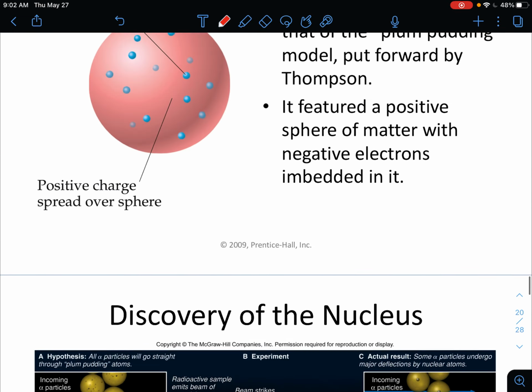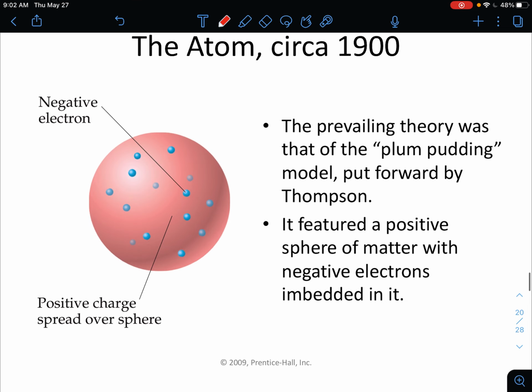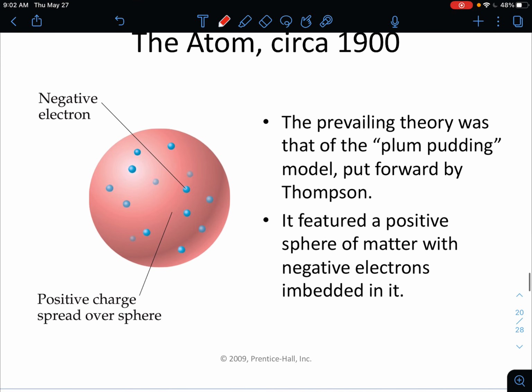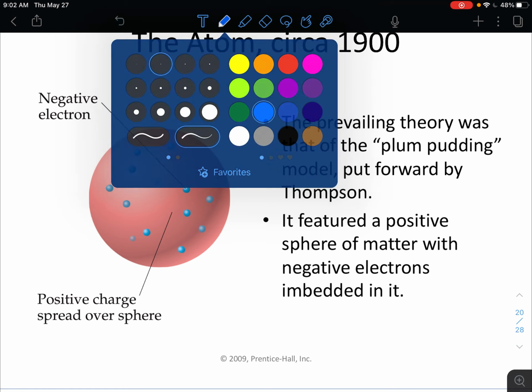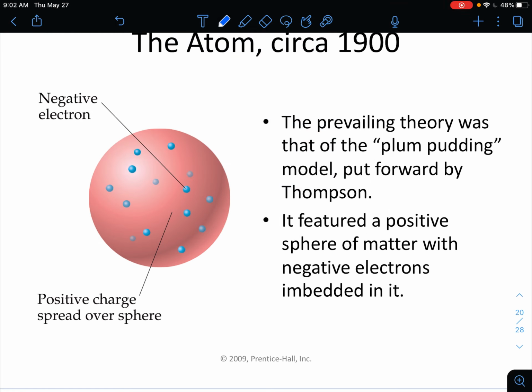So let me draw this here before we get to that. The basic idea then of the experiment to start with was to shoot alpha particles at a piece of gold foil, so as atomically thin as could be easily achieved at this time. It's not atomically thin, but only a few atoms thick, presumably.